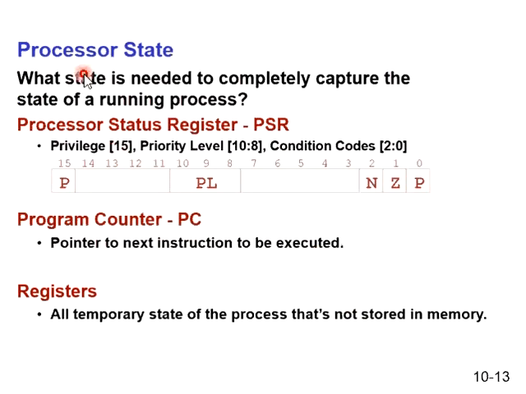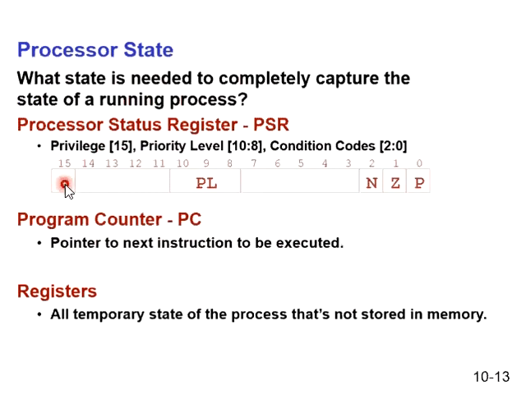So over here we say processor state, and we need to save it when we go to the interrupt service routine. So the first is the processor status register, PSR. There are some fields over here, and you need to pay attention to the first, the privilege bit, bit 15 of PSR.